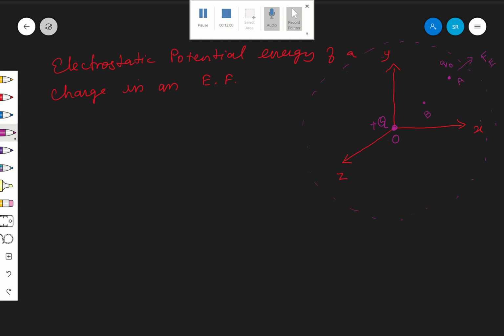You know that Q naught is a test charge. We have already seen that it doesn't have any electric field of its own, because Q naught tends to 0.